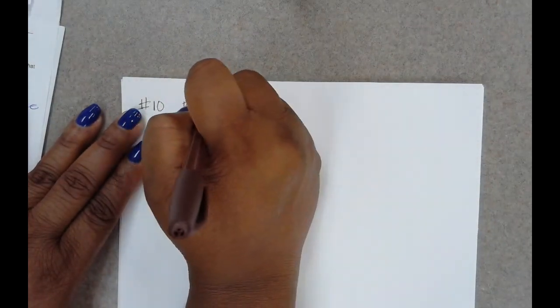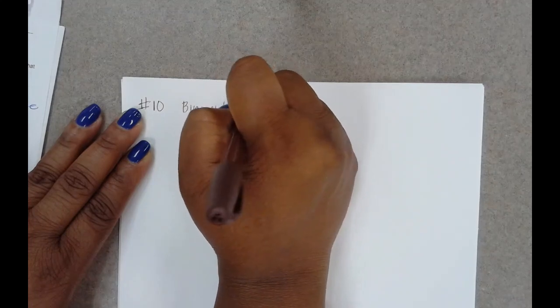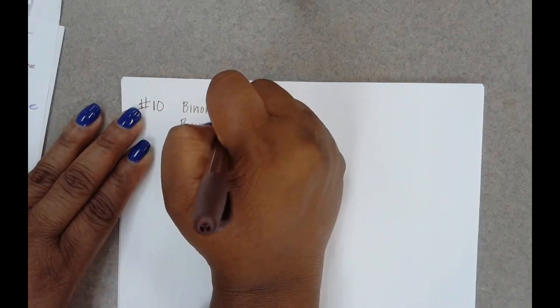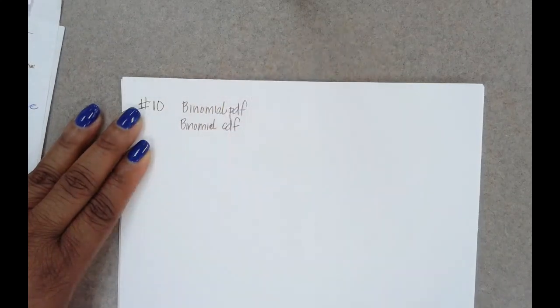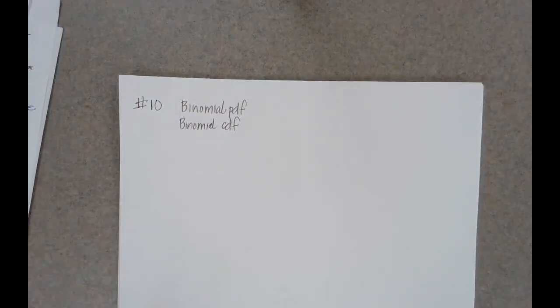Okay, so number 10, and we're using the binomial PDF and binomial CDF functions in the calculator. Okay, so we still need 3 pieces of information. So from number 10, I'm going to bring that back.